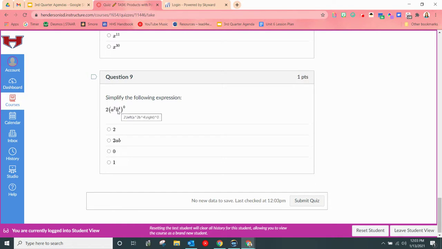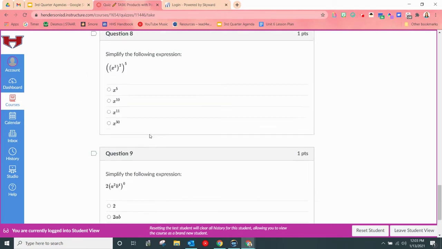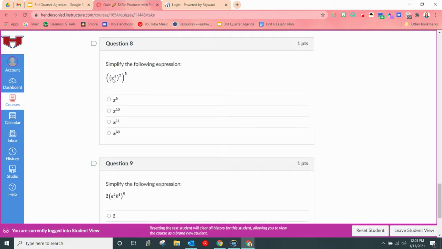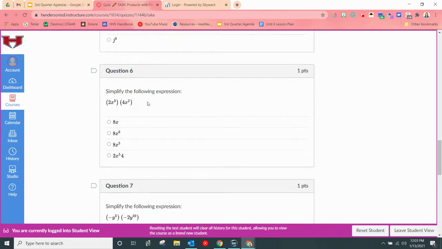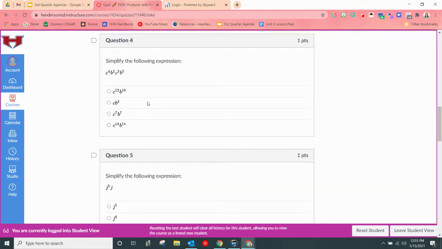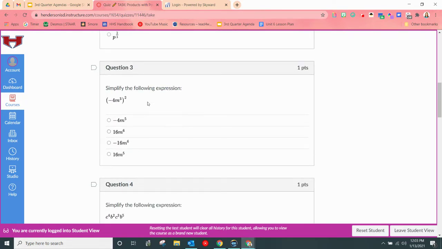So you have to think, what's the answer of 2 times 1? I'll give you your answer. And this one right here, you can write all of these out, hopefully, and then maybe you'll see. I'm going to talk a little bit more about what the shortcuts are as well. Try to do that.